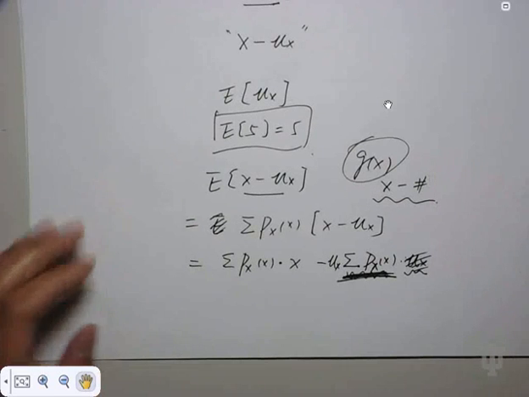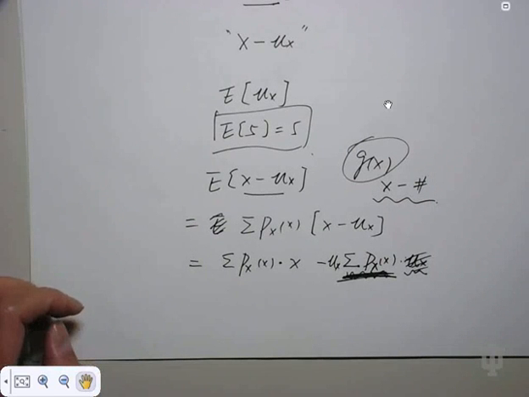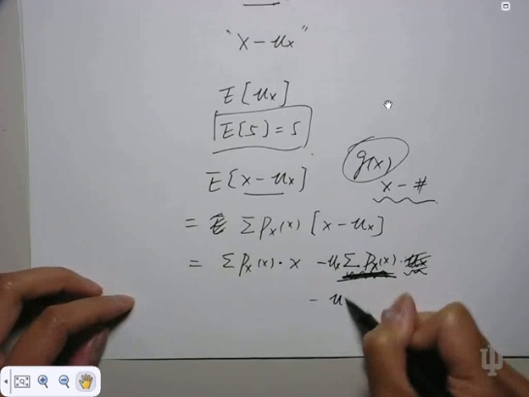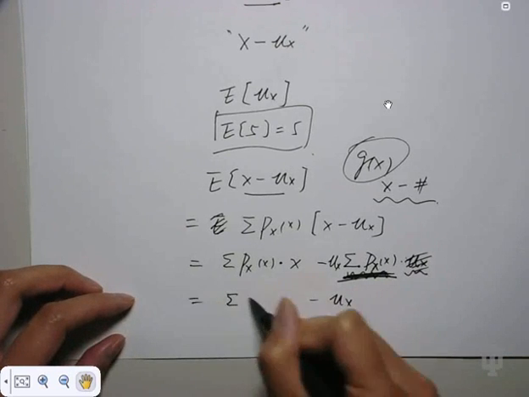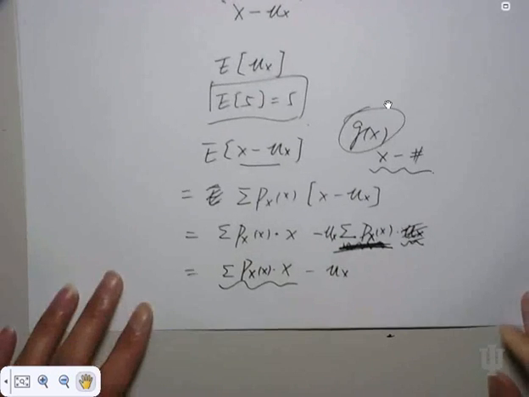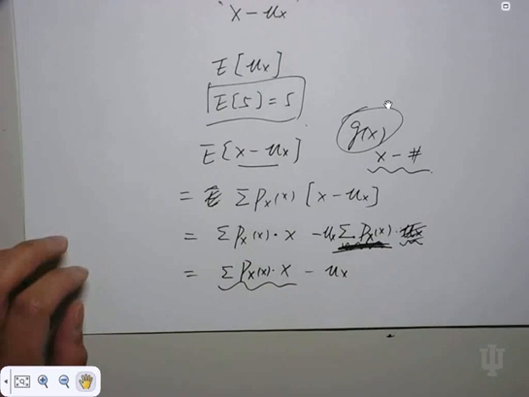What do you set the sum of the probabilities to be? All the probabilities. One. Okay, you know that. And what's this? It looks so familiar.